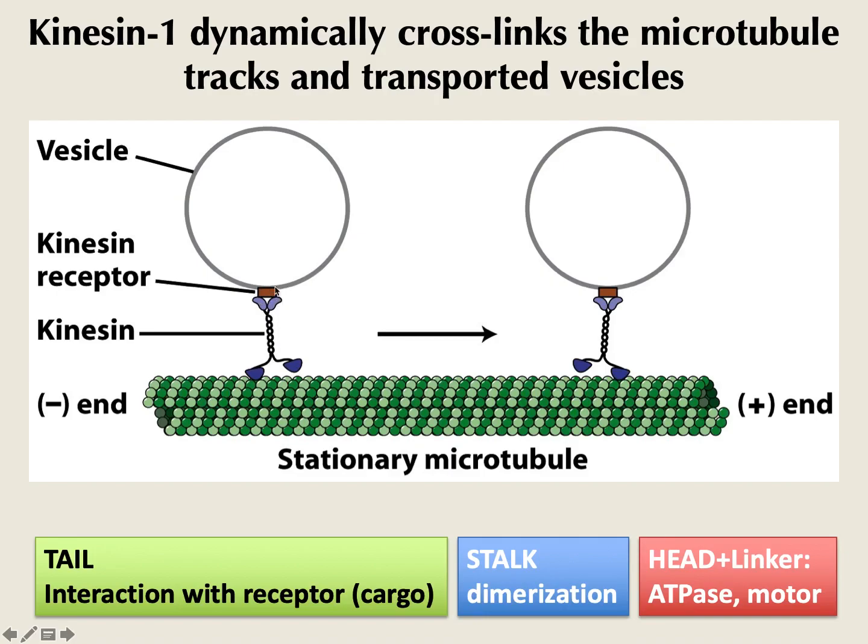Isn't the vesicle like 50 times its size, though? Or much larger? Yeah, it could be much bigger. So how does it stay on so securely? That's a good question. I'm not sure, actually. I could say the affinity for it is really high. It's regulated by phosphorylation.